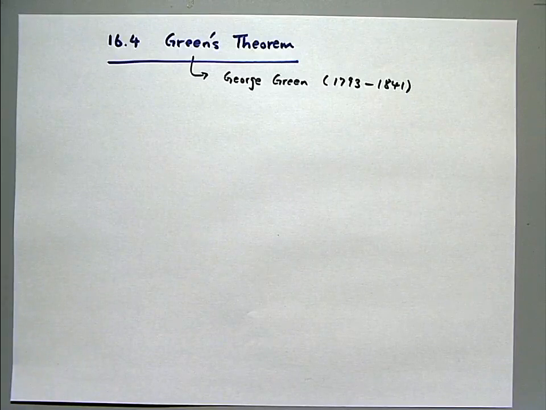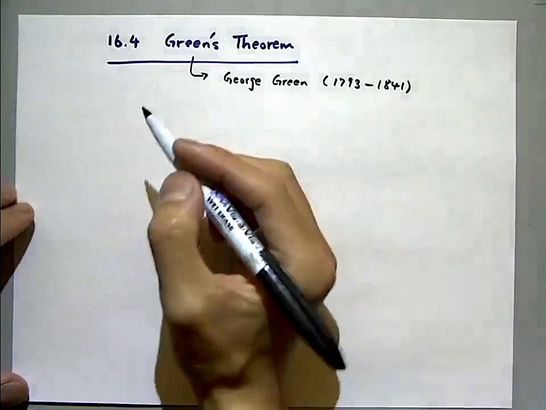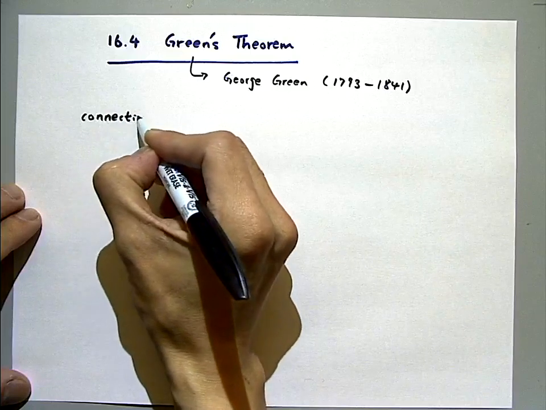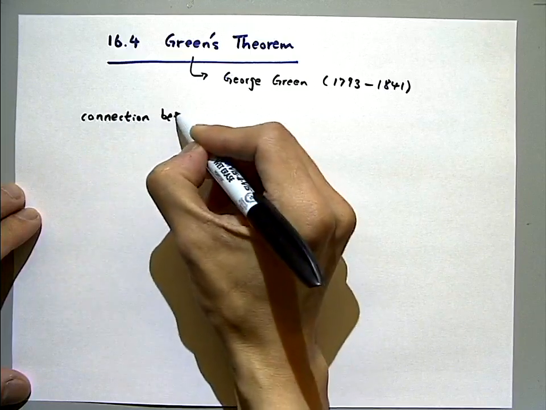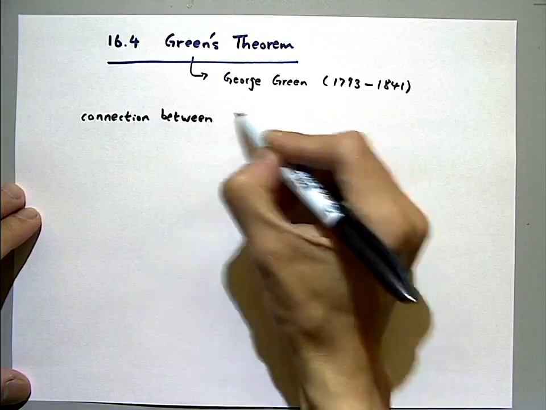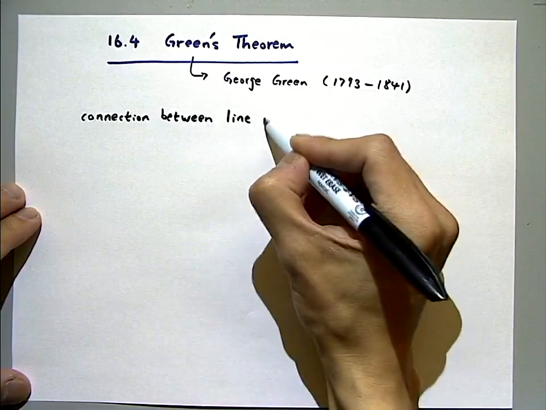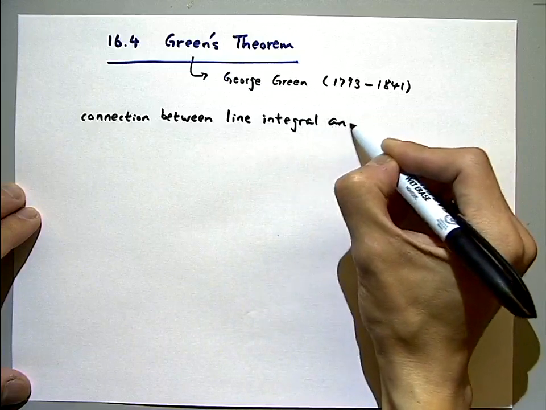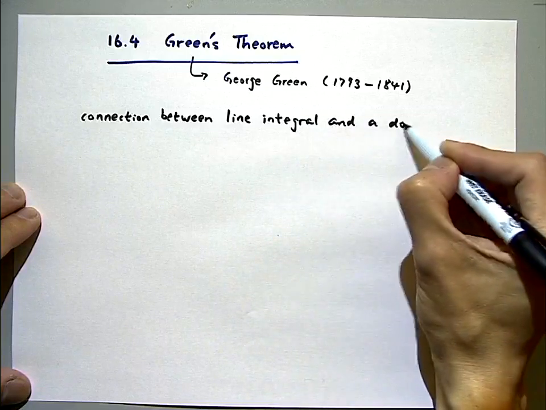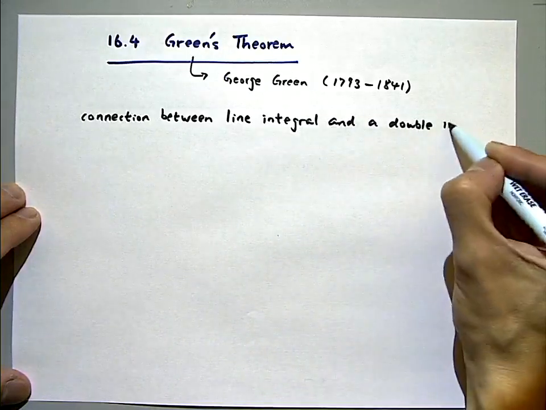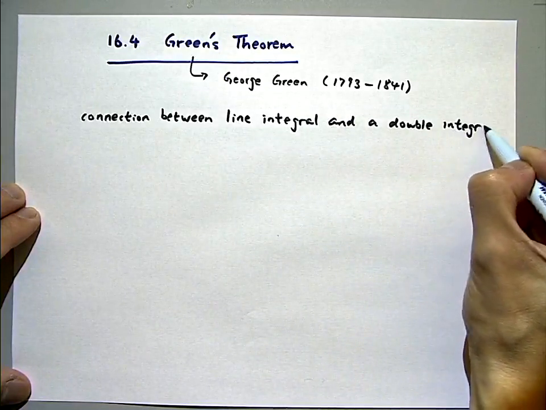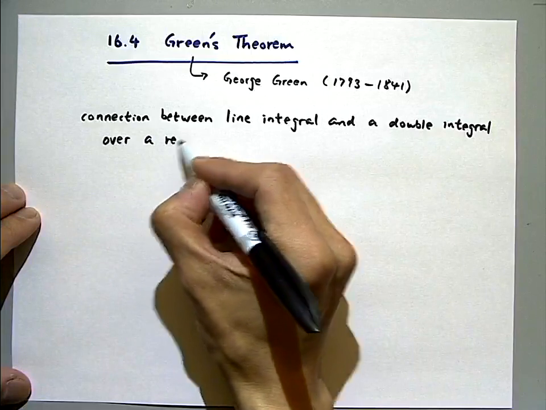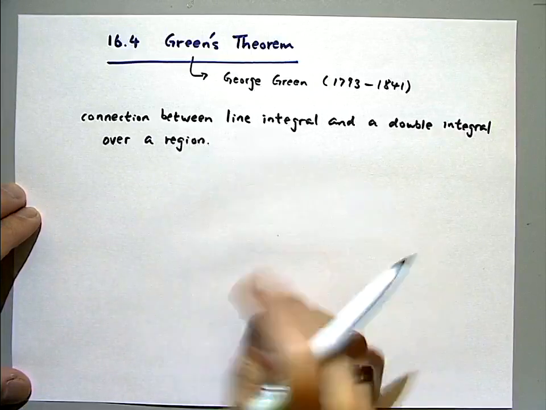Anyway, so what does the theorem say? The theorem gives us a connection between a line integral and a double integral over a region.